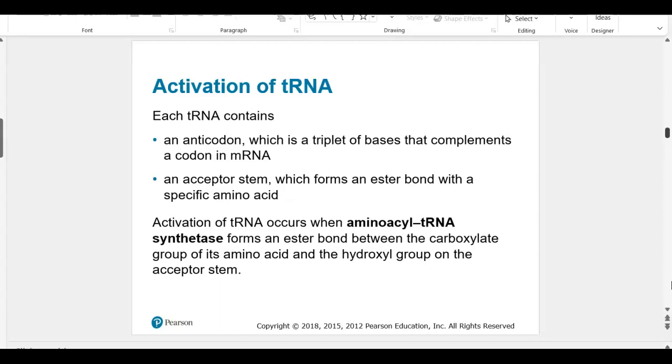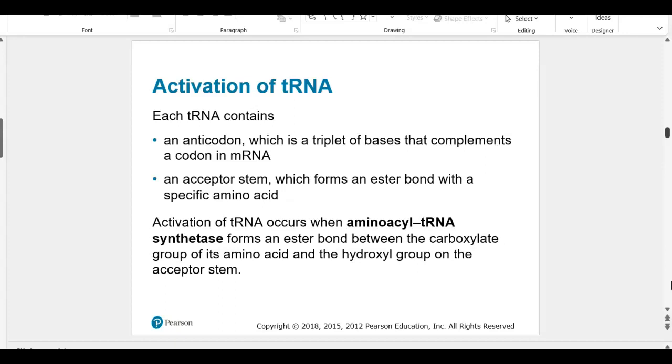So every amino acid has its own transfer RNA, and that transfer RNA has its own aminoacyl transfer RNA synthetase. So you've really got a lot of things going around in the vicinity of the ribosome, with all these transfer RNAs and amino acids and a lot of reactions going on.